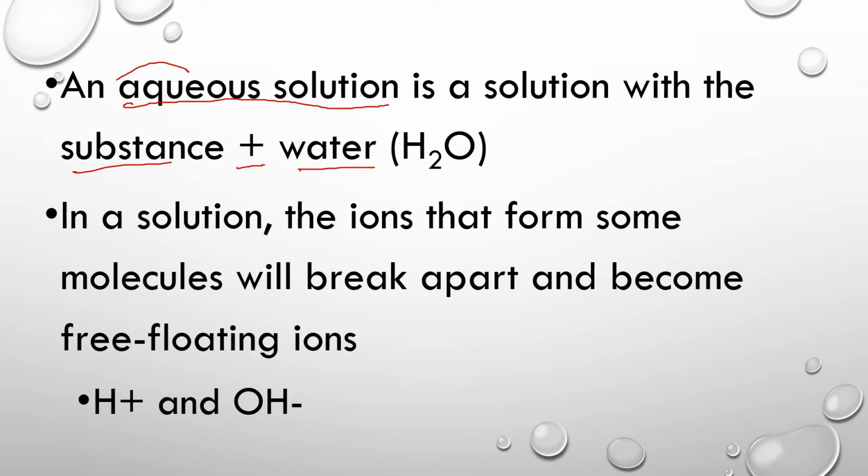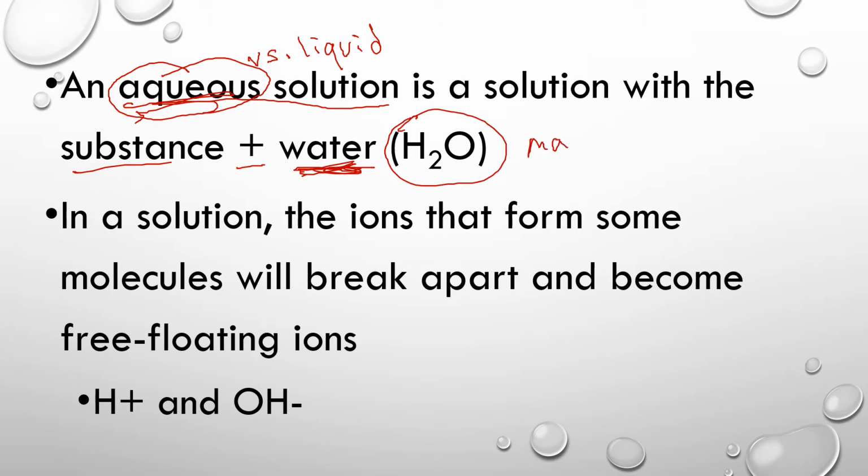That's why it's called aqueous instead of liquid. It's not called a liquid solution, it's called an aqueous solution. The reason they call it an aqueous solution is because the solvent is water in the solution. So water, H2O, is probably going to be the main ingredient in the solution.